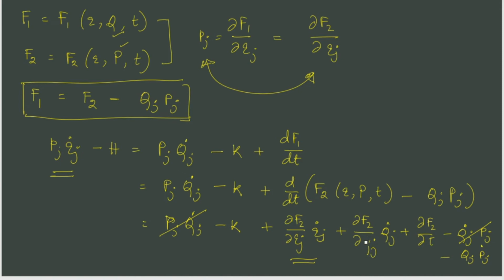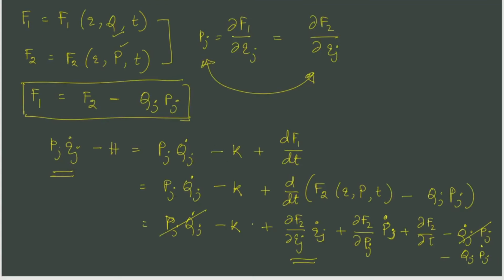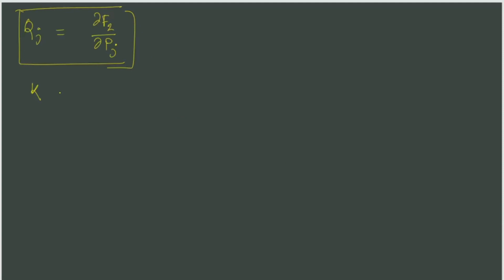I think we made a mistake here, because it's a function of Pj's. It's a function of Pj. Yeah, so this is fine. So we are matching the coefficient of Pj dot, that gives us Qj must be equal to del F2 del Pj. Yeah, so that's what we have, and the remaining part we still have to write is the Hamiltonian, and that would be just exactly what we had before.